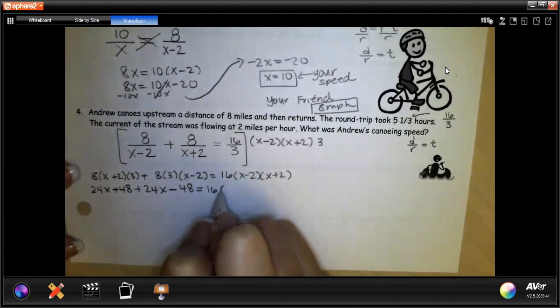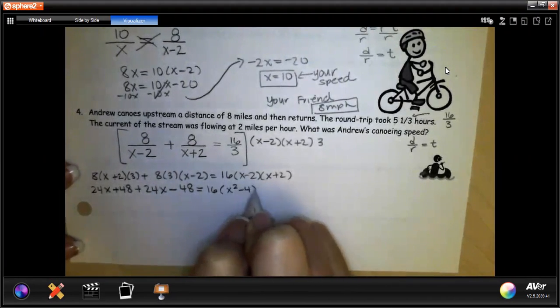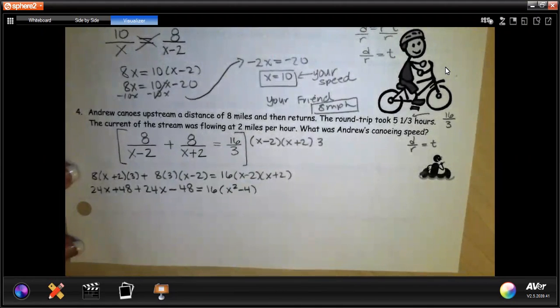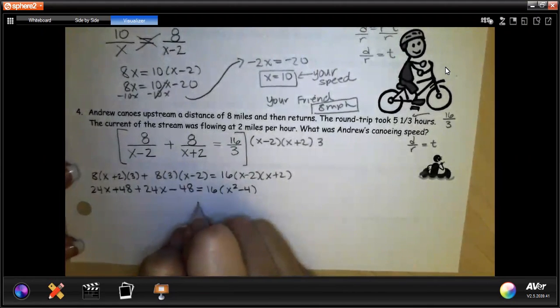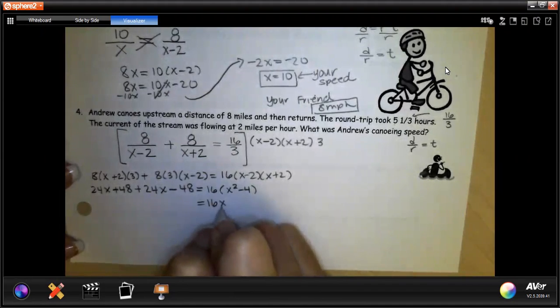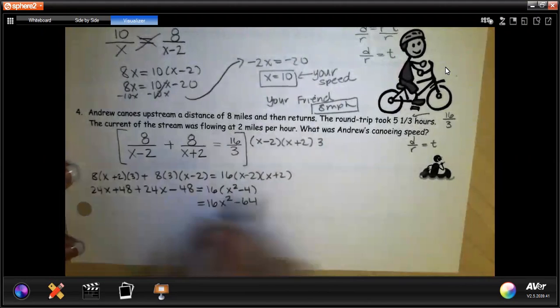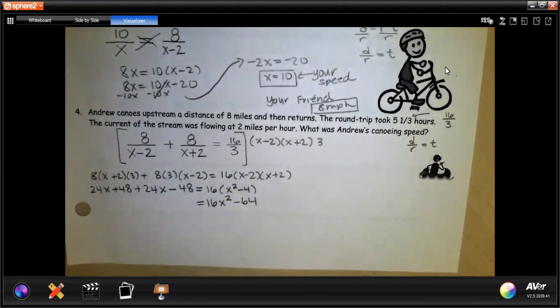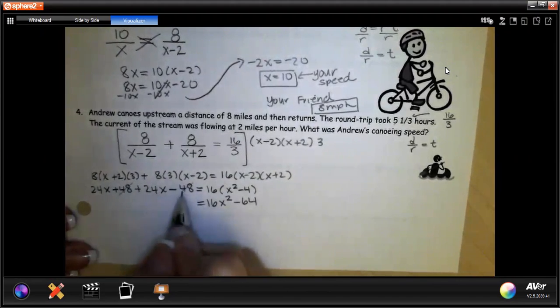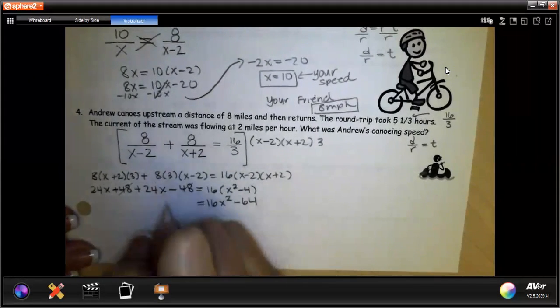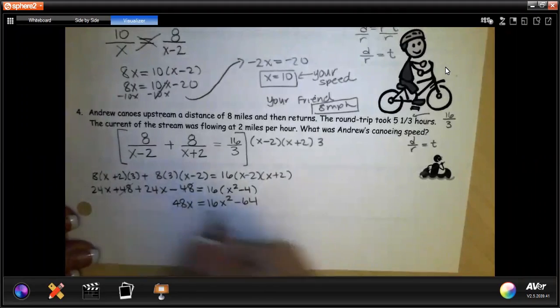Now I'm going to FOIL, and that's the difference of two squares, so that's 16 times x squared minus 4. And now we can distribute that 16, and we get 16x squared minus 64. Over here we have some like terms we can collect. The 48 and the -48 cancel, and then 24x and 24x give me a 48x.